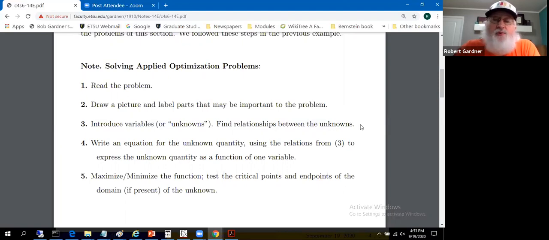Find relationships between the unknowns. We did that in the previous one. We'll usually do these 2 steps together. The unknowns we introduced were width and height, x and y. Did we find a relationship between x and y? We did. They told us what the perimeter was, and we used that to find a relationship between x and y.